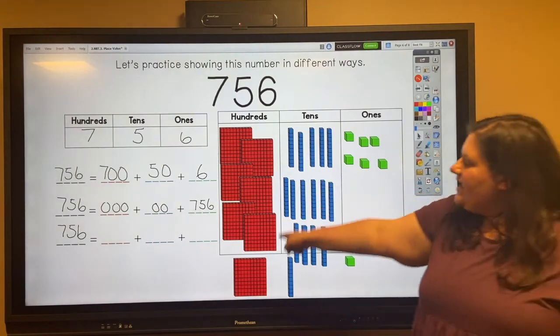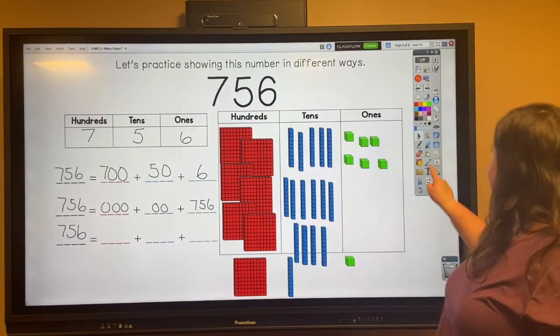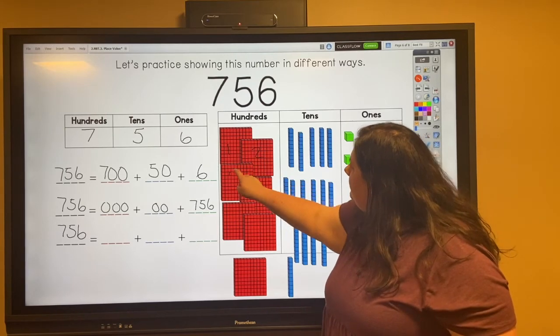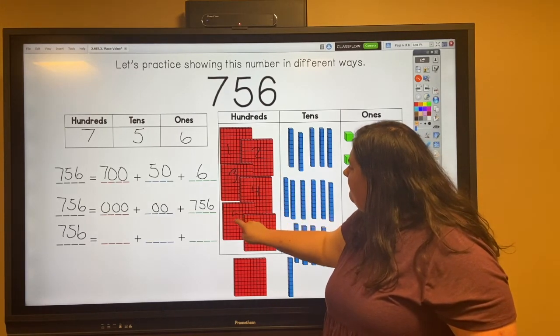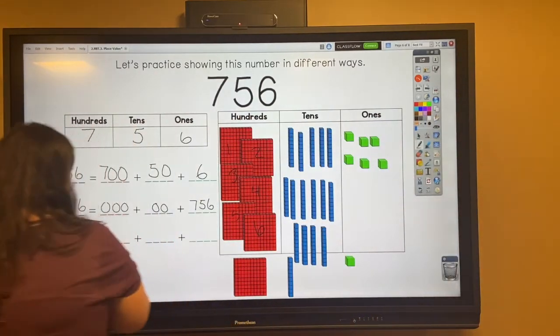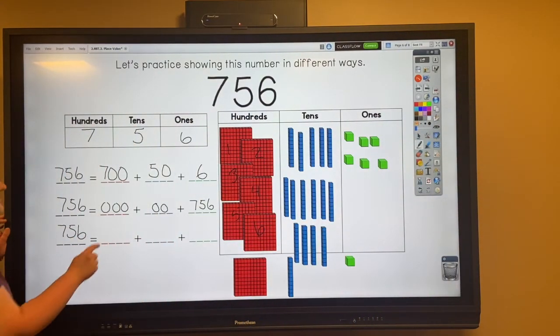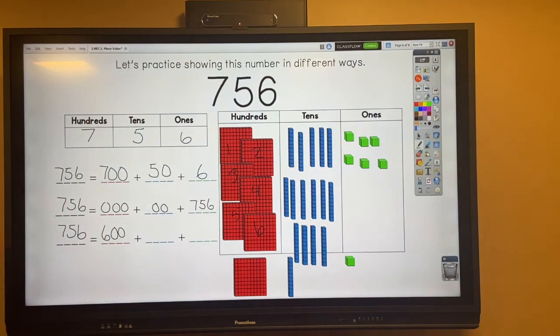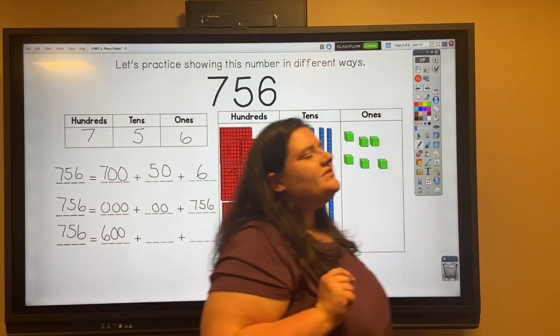Now I'm going to go ahead and count up my flats. So I have 1, 2, 3, 4, 5, 6 flats, or 600. So over here, in my expanded form sentence, I'm going to write 600 to show that I have 600. All right, let's go over to my tens place.